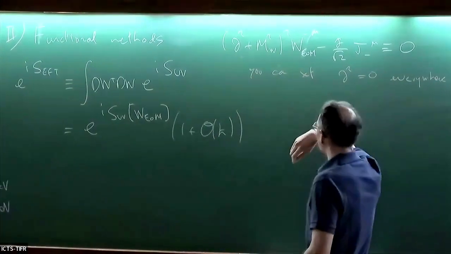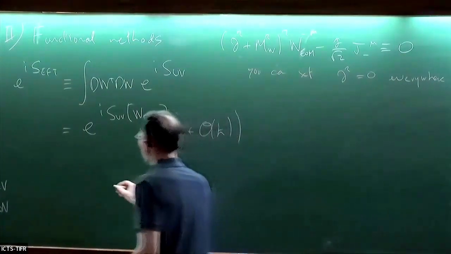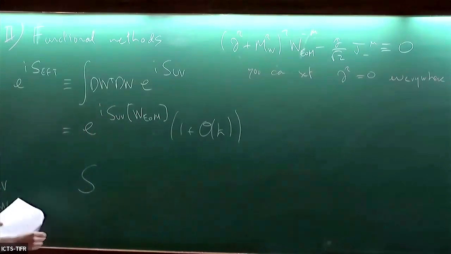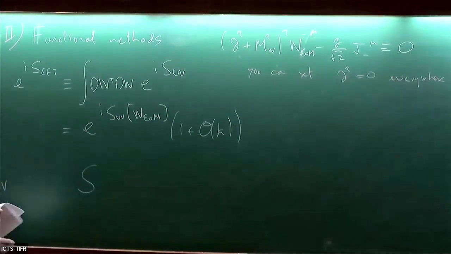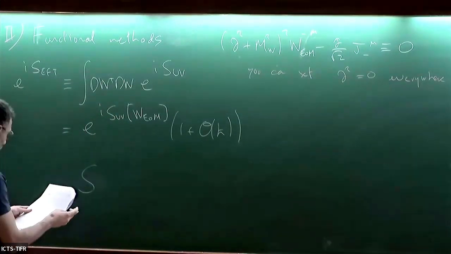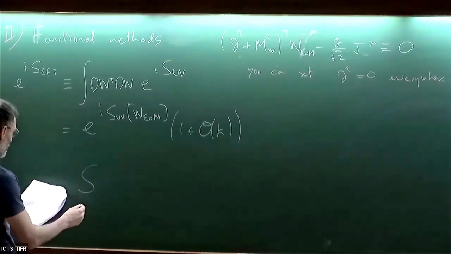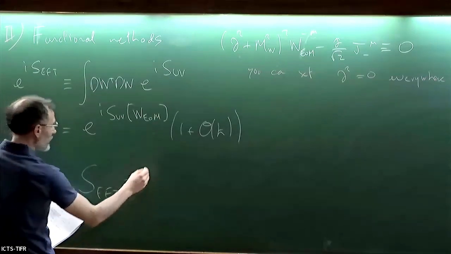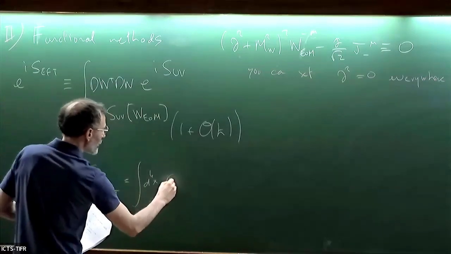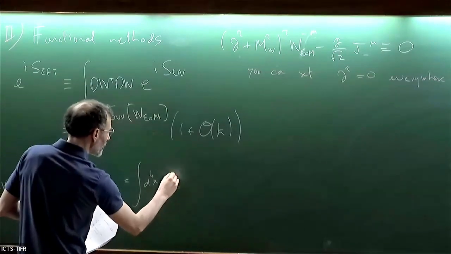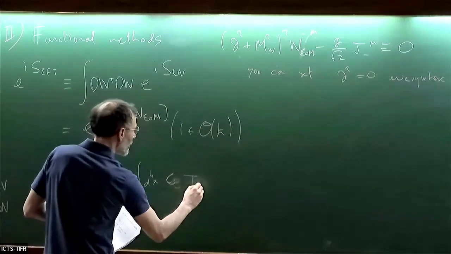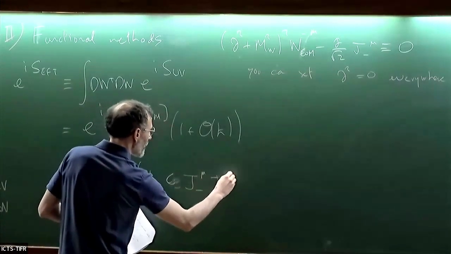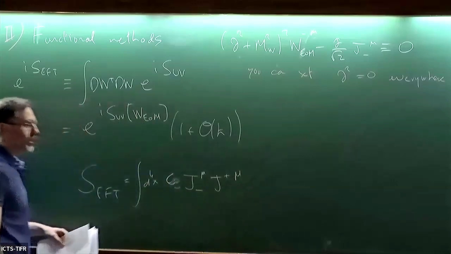You'll get out of that an effective action which contains the term d4x, some coefficient. Let me call this C for now, it doesn't matter, times J mu contracted with those currents.